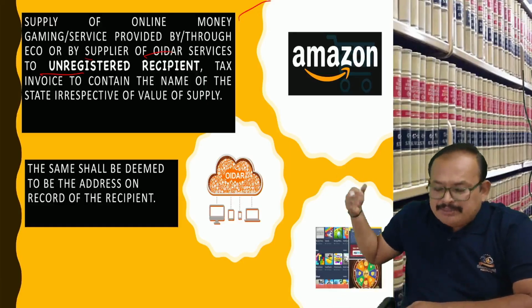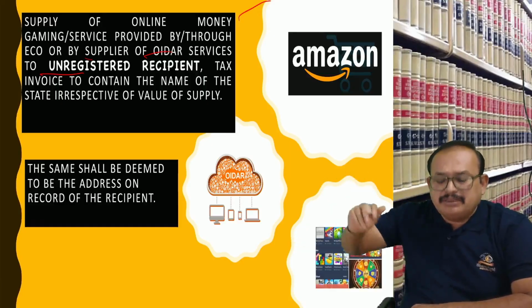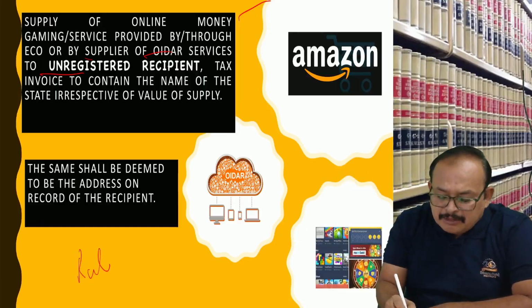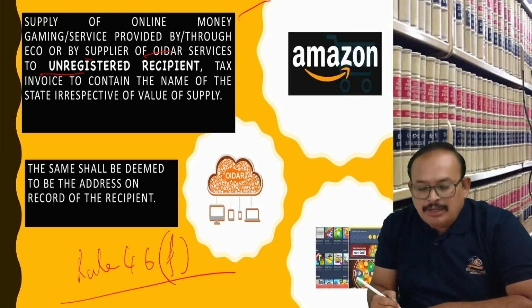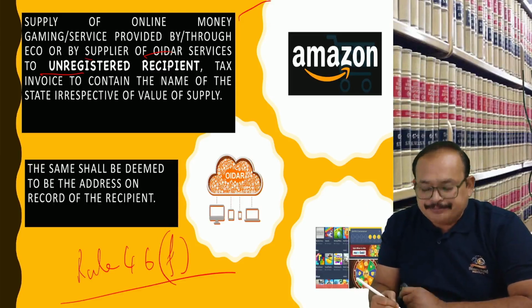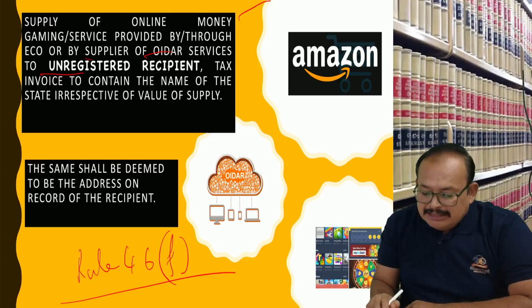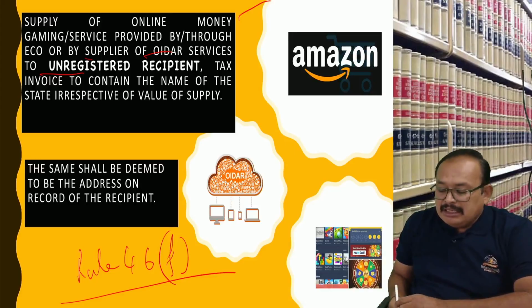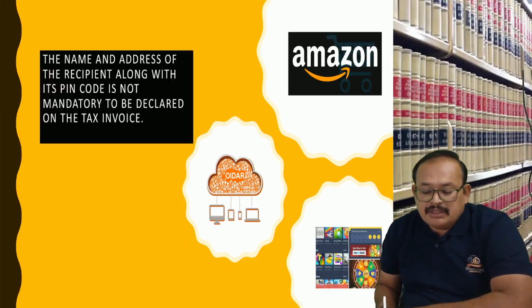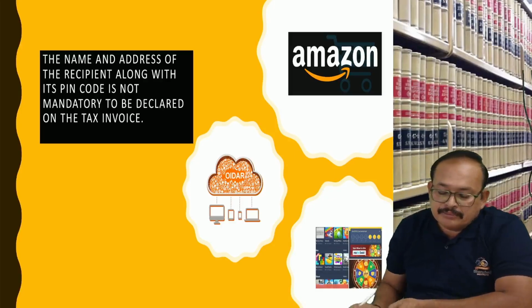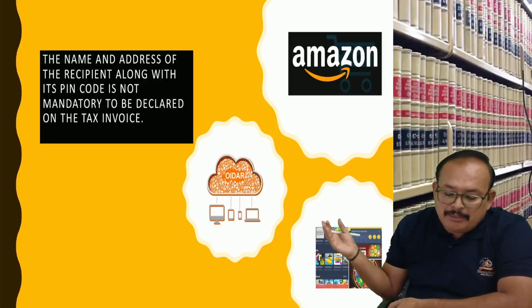This point I am just referring to here for your kind consideration because I drew this attention from the amendment, irrespective of the value. Is that clear, sir? Which rule did I mention? Rule 46 clause F. Now, in that case, if you refer here, the same I have mentioned here again.